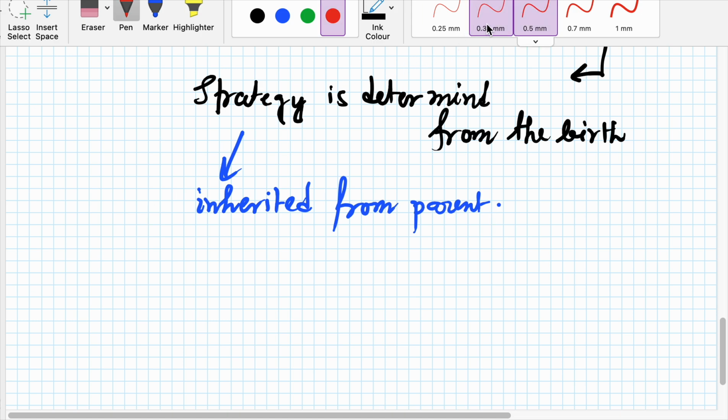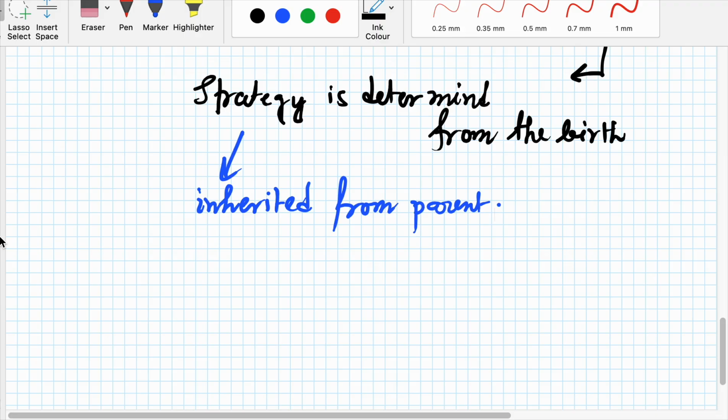Now let me give you an example, and this is the example from where evolutionary game theory comes. As the name suggests, there is a hint that this part of game theory contains evolution itself, means evolution is in the formulation of this game theory.